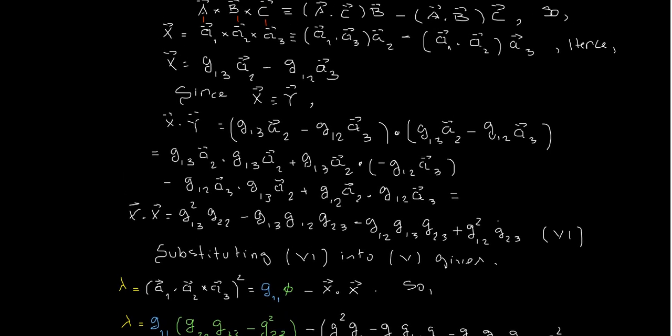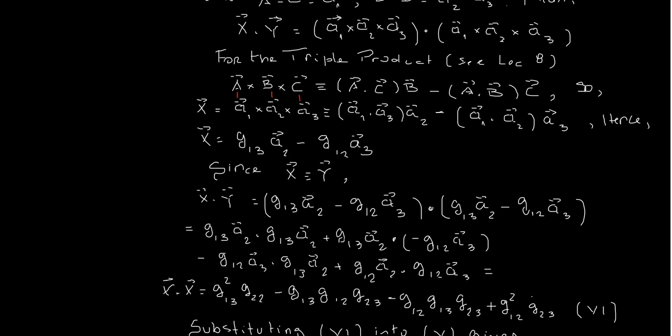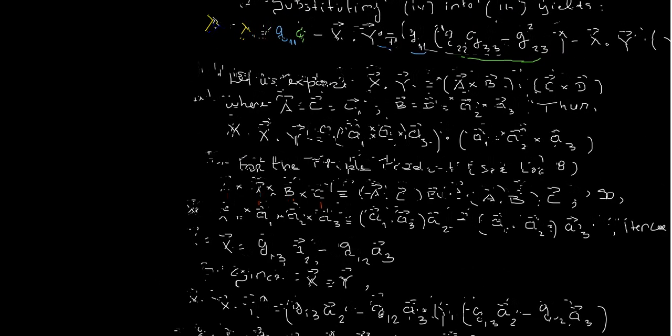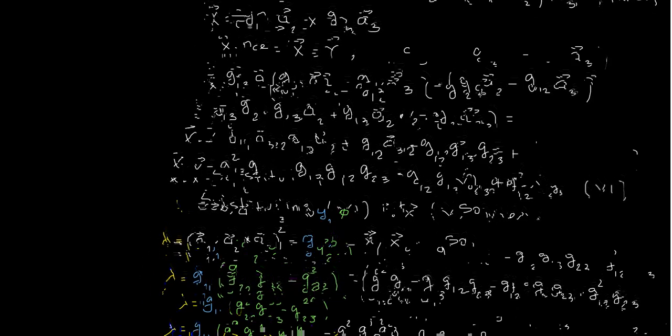Okay? Let's find the equation 5. You see the equation 5? This I got. Now I derived x dot x. Okay? So that's why I will plug on equation 5.